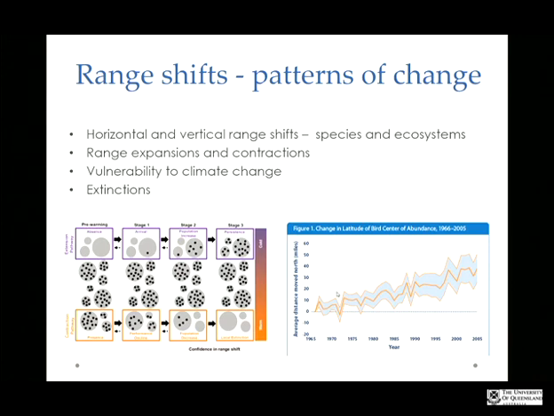So this shows the change in latitude of bird abundance in the US, and this shows the general pattern of species moving into an area and becoming extinct in an area. And so it's the ones that are at the edge of the range at the back, where they're moving out, that are the most vulnerable to extinction, and the ones on the frontal side of the range moving in are the ones that tend to be able to find new colonies and things like that.